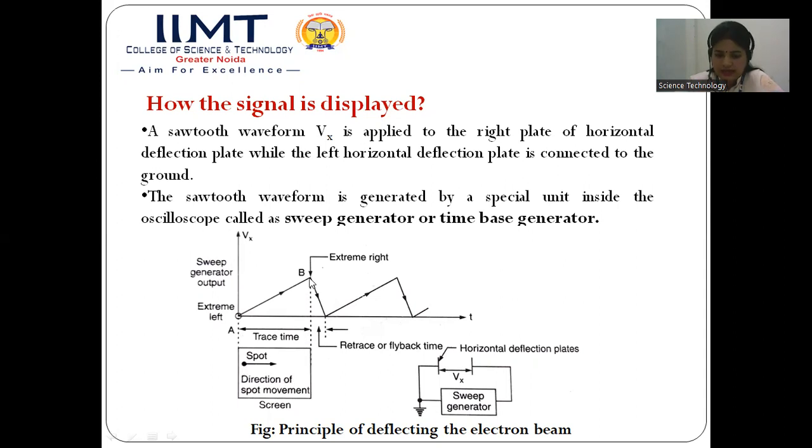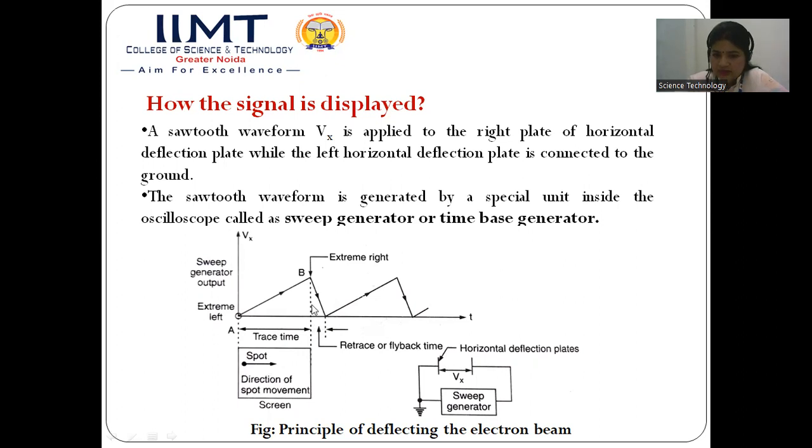After the point B, this sawtooth voltage Vx will drop back to 0. It will go from the peak value to the 0 value. And in this process, the electrostatic field which was generated will collapse and the electron beam will return to its previous position, towards the extreme left side of the screen.